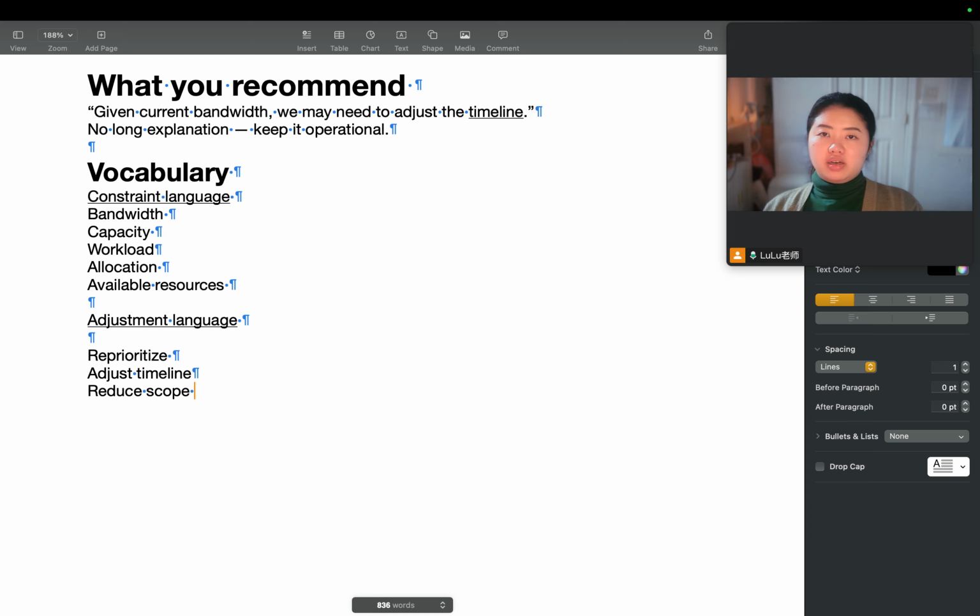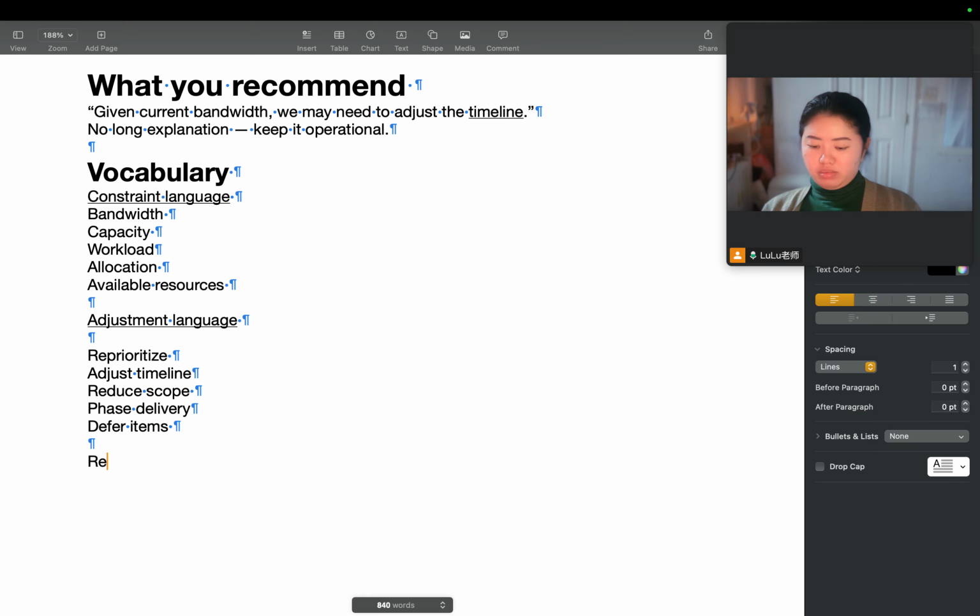Scope is all the things you have to do. So I would ask my student to define scope, and if the answer is among the lines of how many things you have to do, what are all the tasks involved, I would say correct. That is the scope. And then we have a phase delivery and defer items. Excellent. So here are some of the adjustment language.